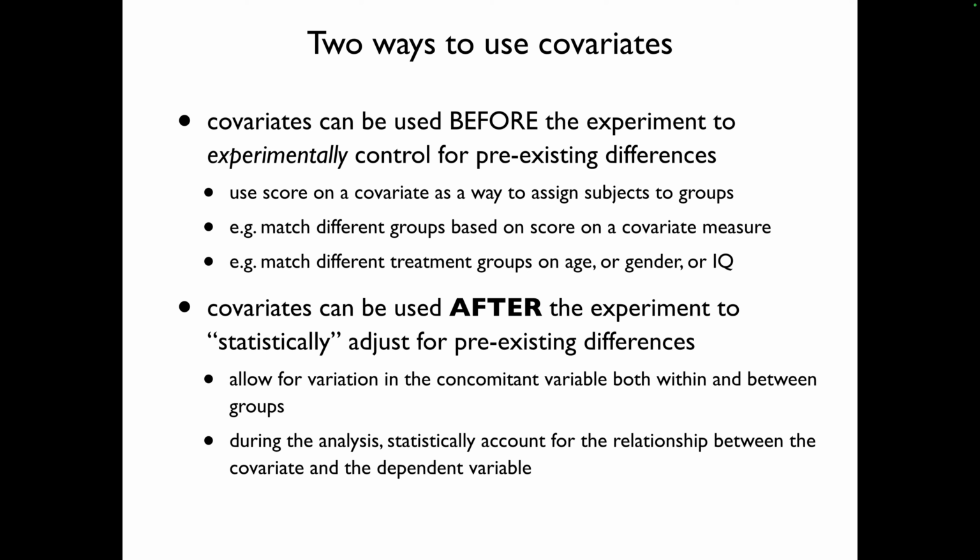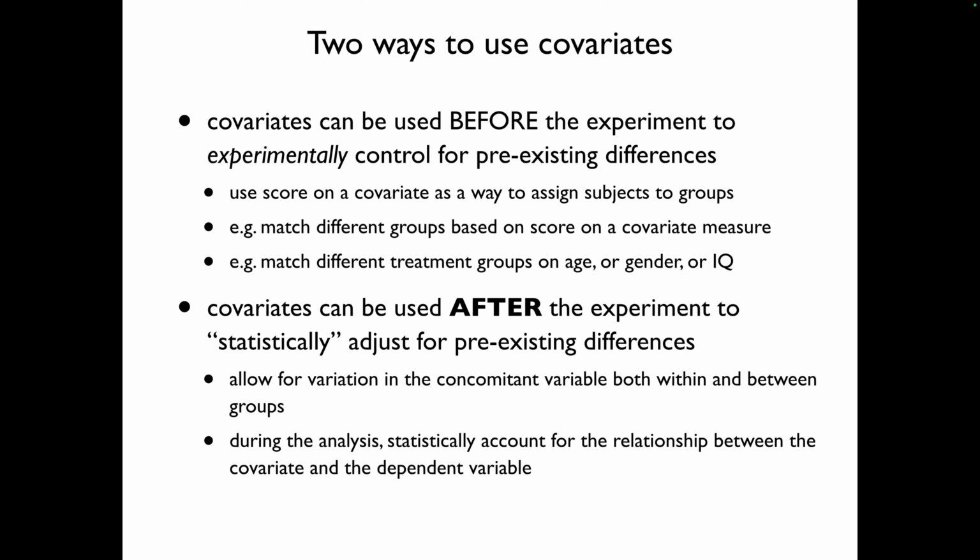And what we do during the analysis is we statistically account for the relationship between the covariate and the dependent variable. We statistically model that relationship, in fact, as a linear relationship, and we use that relationship to statistically adjust scores on the dependent variable to what they would have been if everyone was equal on the covariate.